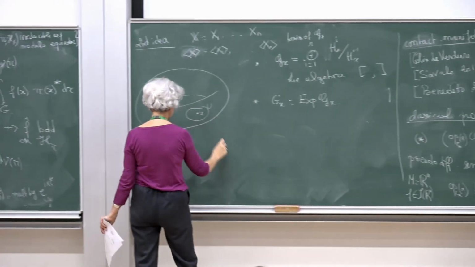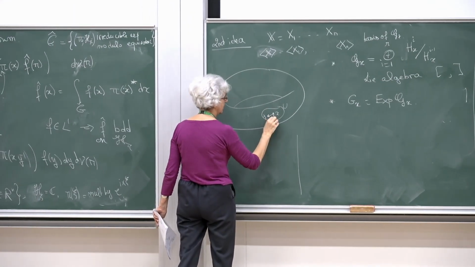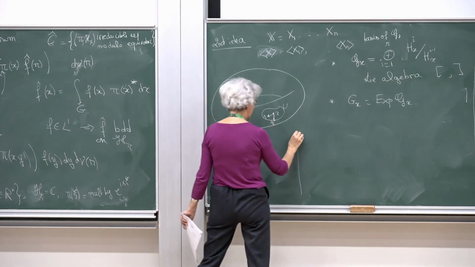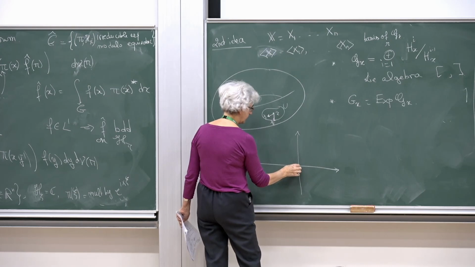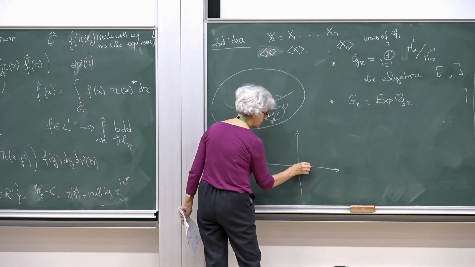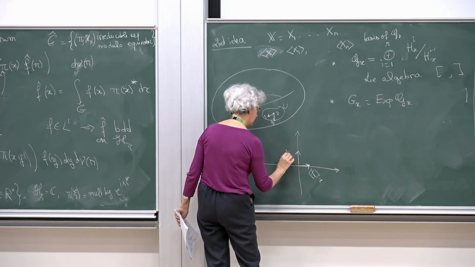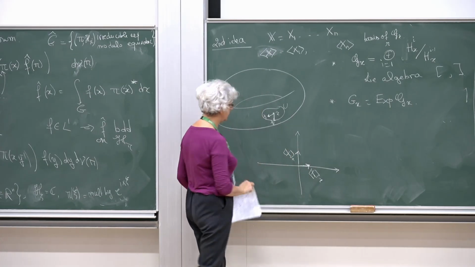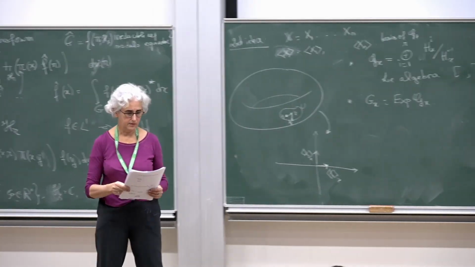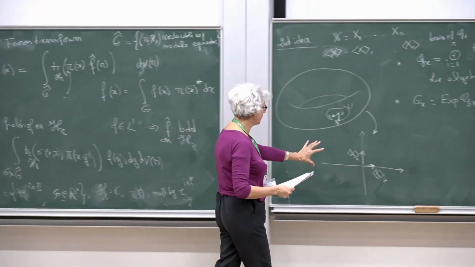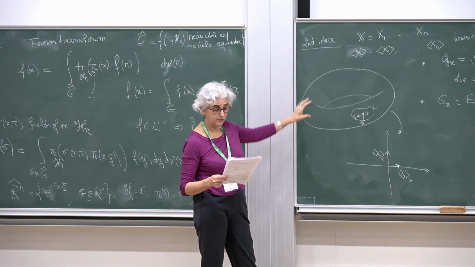So here I had my frame, x1, x2, and I go back to my Lie algebra, and I obtain these vectors, x1,x, x2,x, etc. So I have a sort of map between the flat case and my manifold.